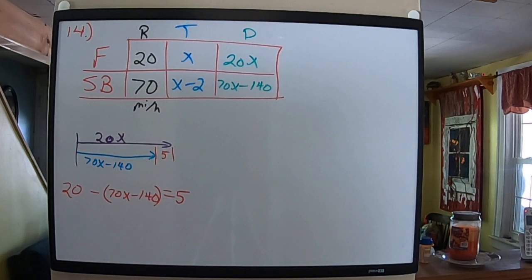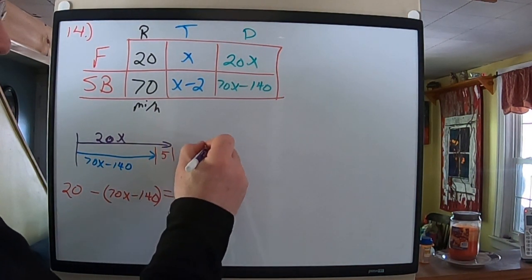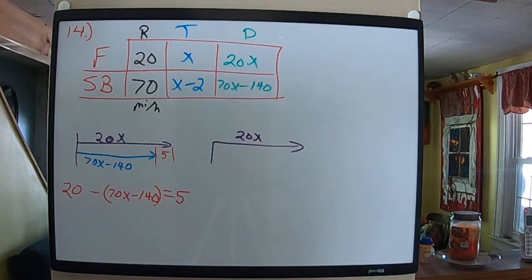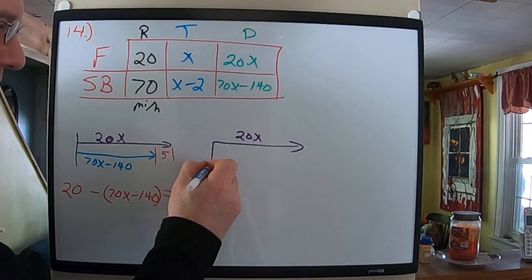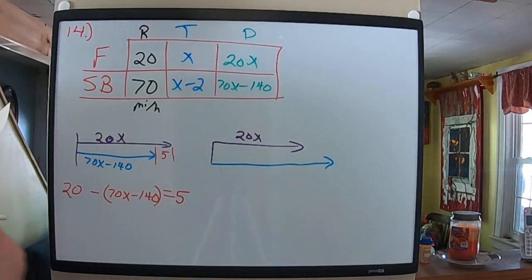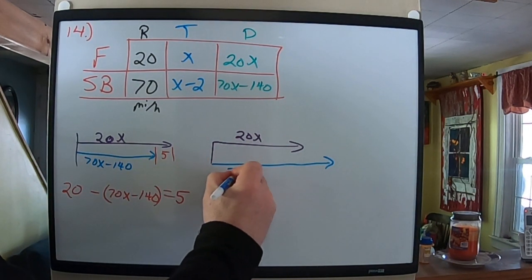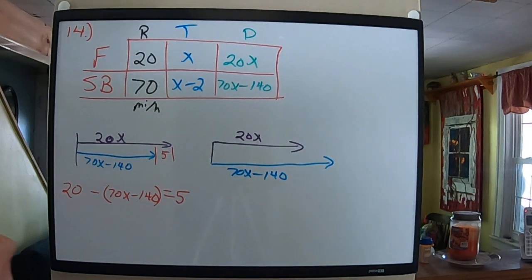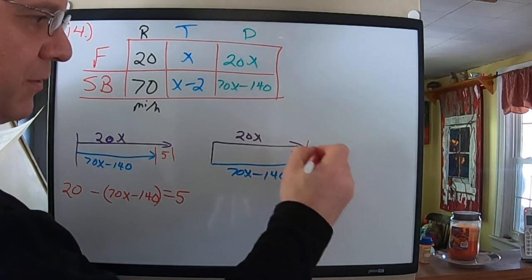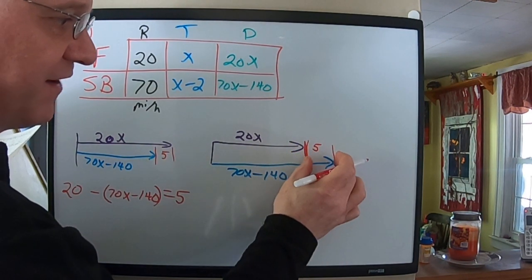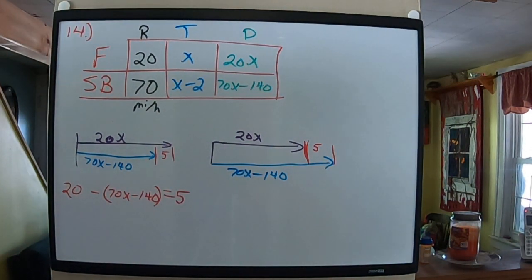The second situation is still the 20x, right? And now the speedboat has passed, so this is 70x minus 140, has passed the freighter, but this distance between them is still, when this hits 5 past the freighter, is the other equation.